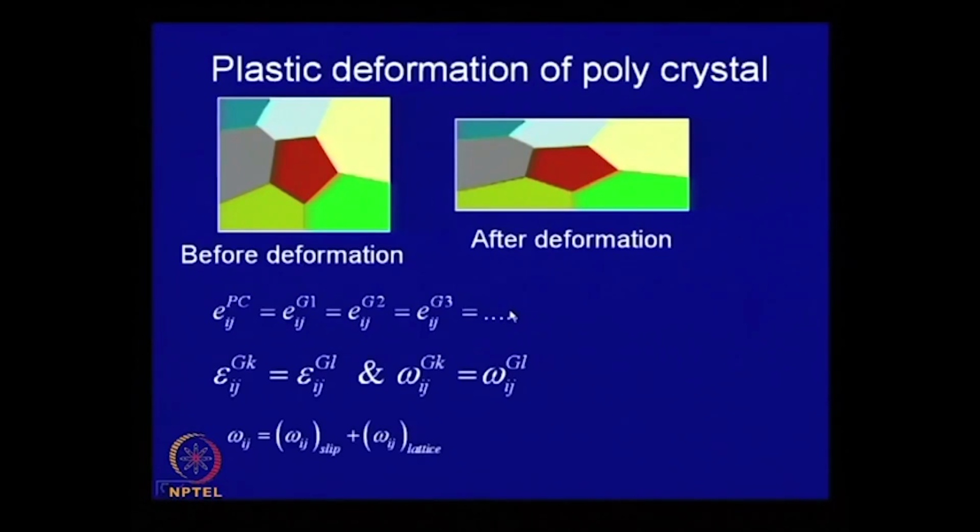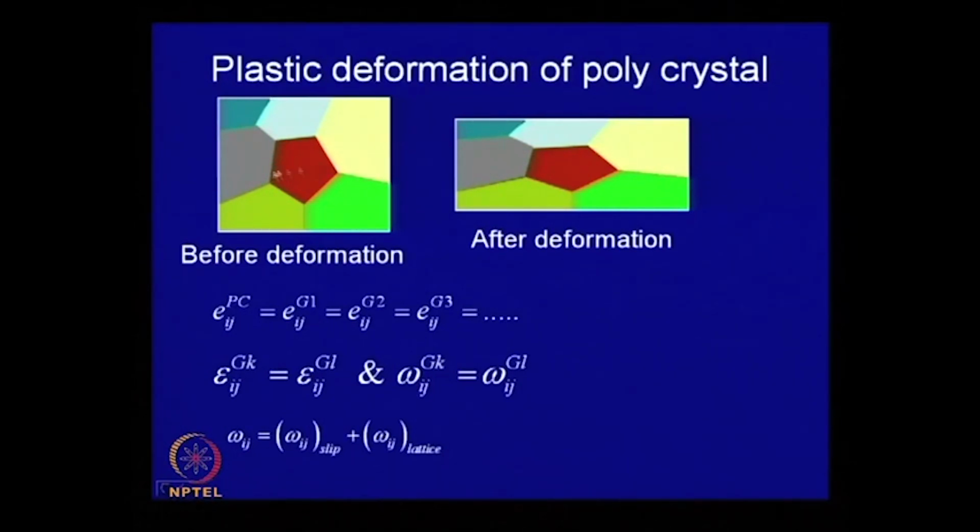Now, let us look at what happens during plastic deformation. This is the crystal structure, let us say before deformation. Now, when you deform, each crystal has a different orientation, and after deformation this takes up a shape here, and mind you, no crack has nucleated. How can this happen?